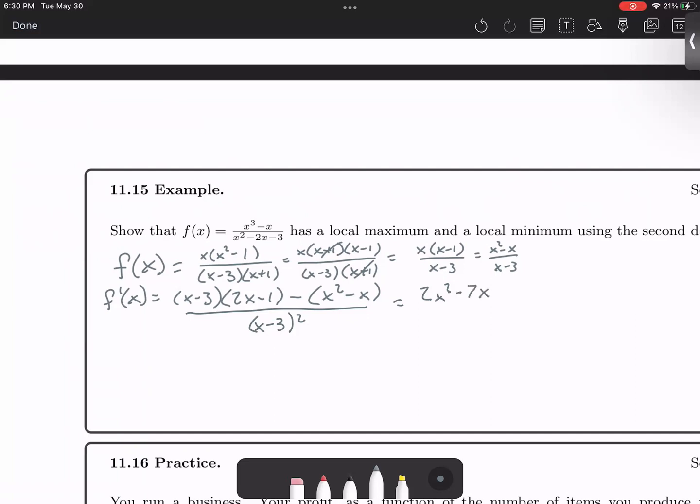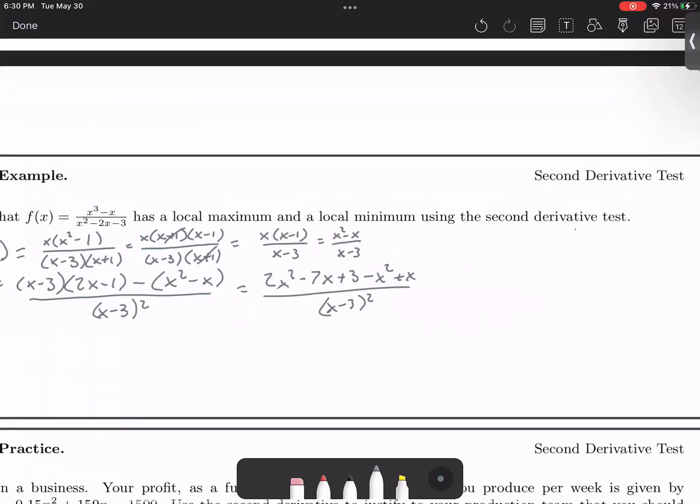And then minus 3 times the minus 1 gives me a plus 3. You have minus x squared plus an x over x minus 3 squared. That's going to be 2x squared minus x squared is just 1x squared, minus 7x plus x is minus 6x, and plus 3, over x minus 3 squared. Does that numerator factor? Two things to multiply to give me 3 and add to give me 6? No.